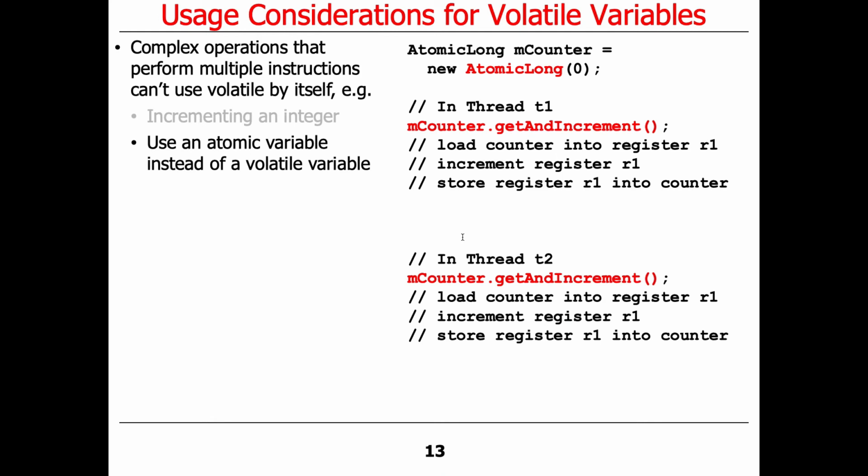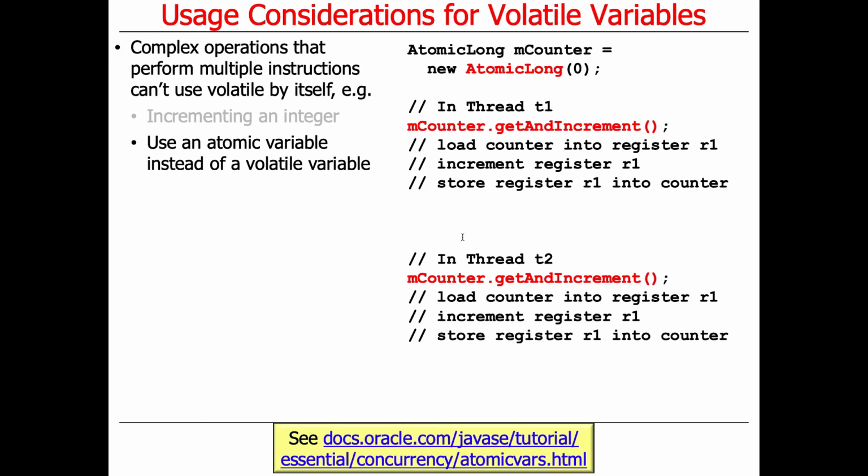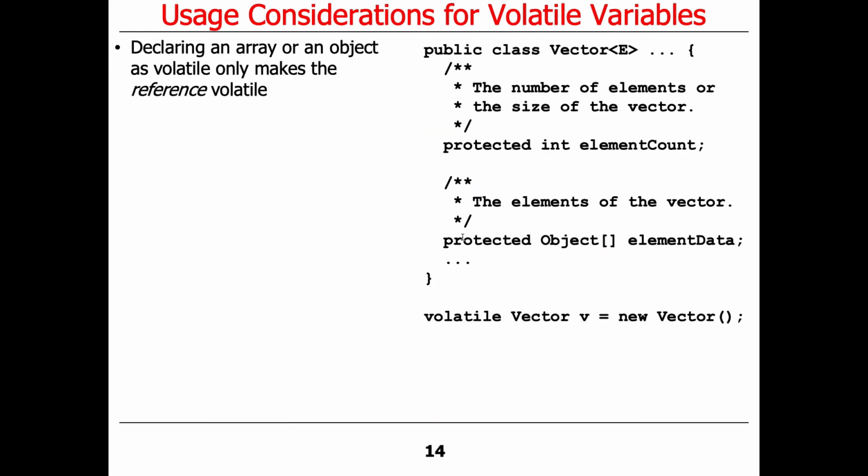So the way to get around this, as I mentioned before, is simply to use an atomic long or an atomic integer or whatever you need to use that's atomic, whatever your type is. Then you can use get and increment, and that will do all those steps atomically by using compare and swap or compare and set under the hood. And you can find out more about atomic variables if you read the information here.